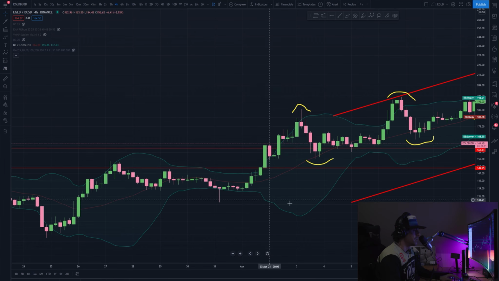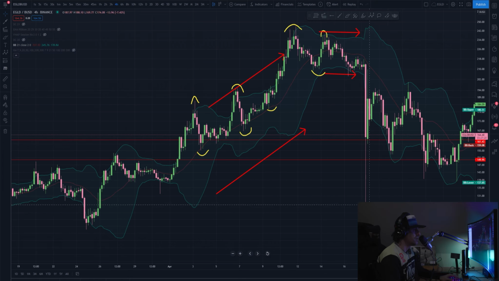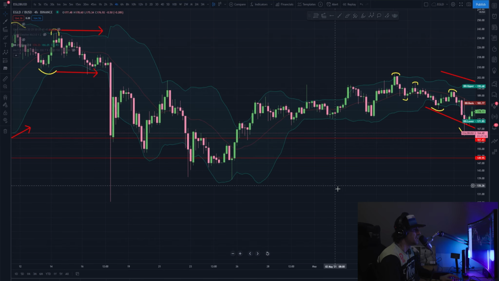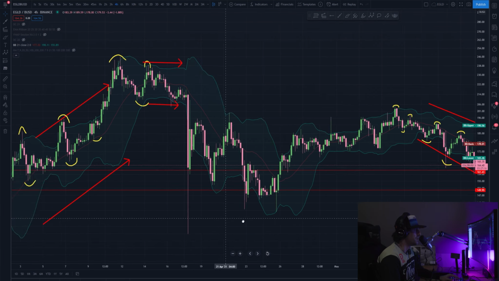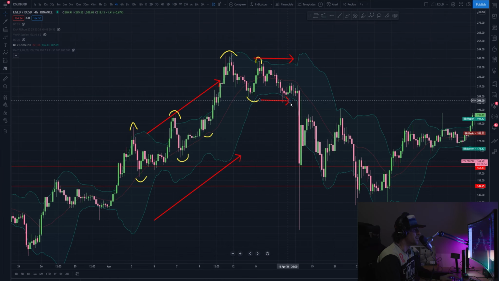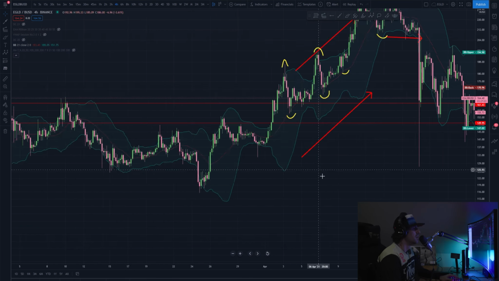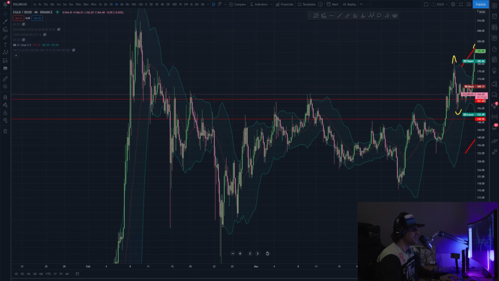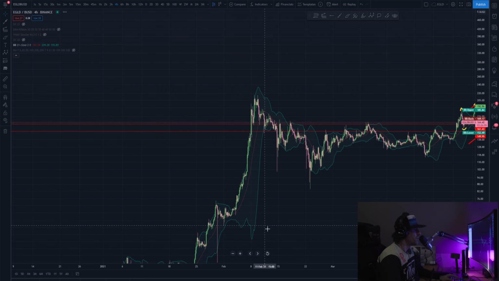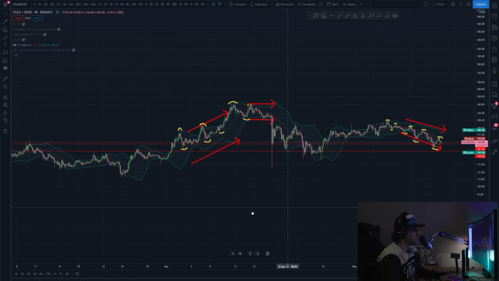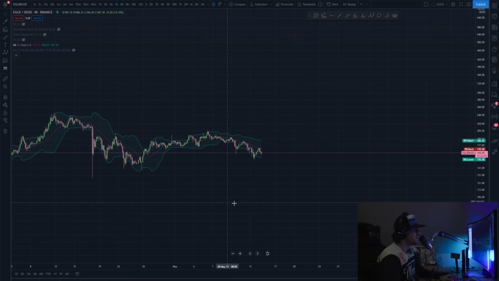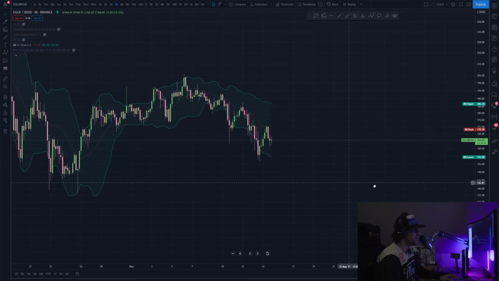You have plenty of indicators to tell you if you are in a distribution zone or in an accumulation zone. But when the Bollinger Band is straight, it's one or the other. Hope this helped, guys. A lot of information very quickly.